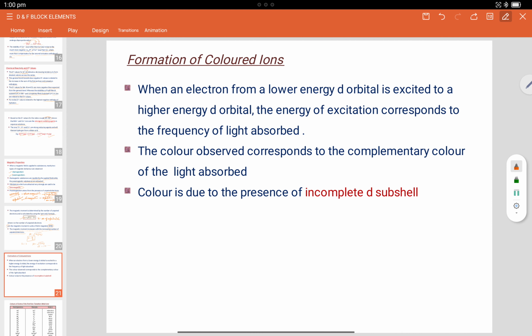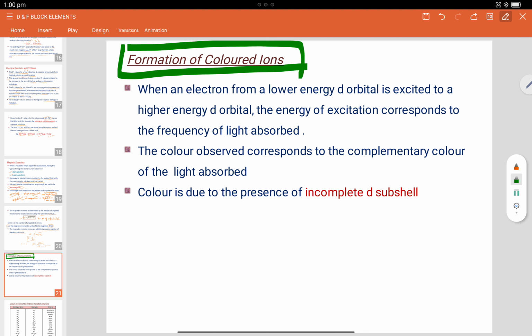Formation of colored ions, that is very important. Check it once properly. Formation of colored ions: when an electron from a lower energy d orbital is excited to a higher energy d orbital, the energy of excitation corresponds to the frequency of light absorbed.